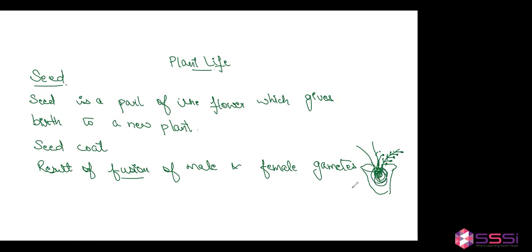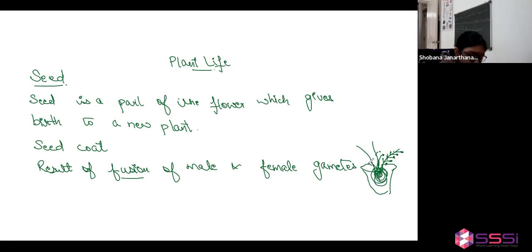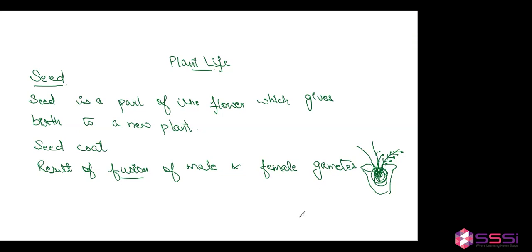So the pollen tube enters the ovule for fertilization, right? That one is called the pollen tube, and it enters the ovule or ovary for fertilization. You can say anything.